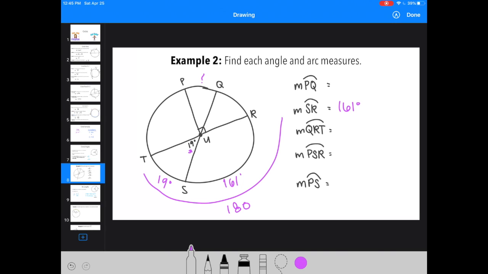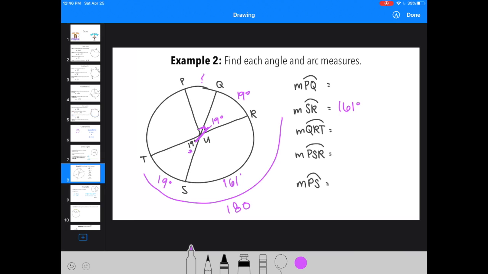Well, first, I note that this angle right here is 90 degrees. So PQR is 90 degrees. But I need to find one portion of that. Can I find arc QR? Yeah, I can. Remember, what's this relationship called? Vertical angles. So QR is going to be 19 degrees.